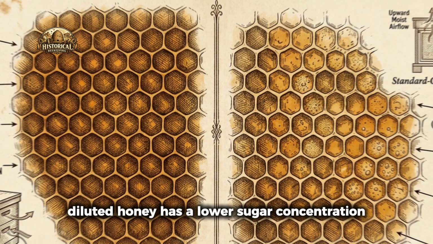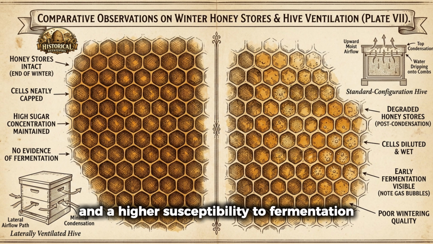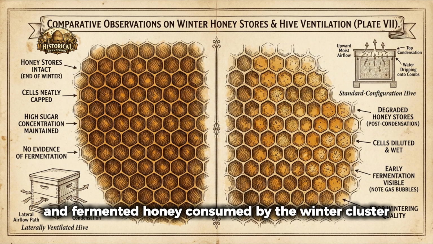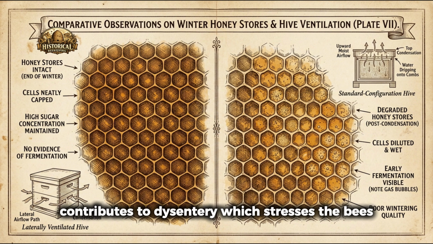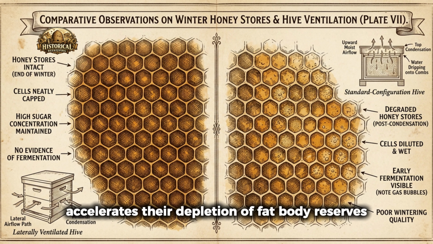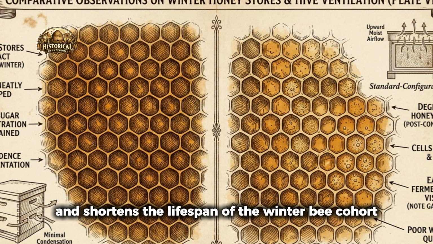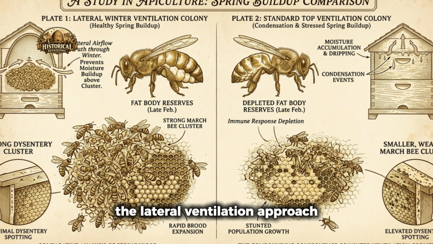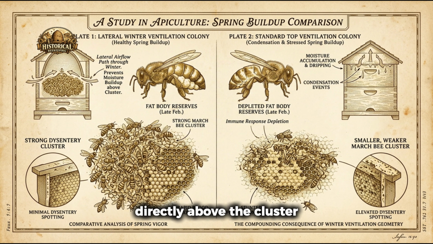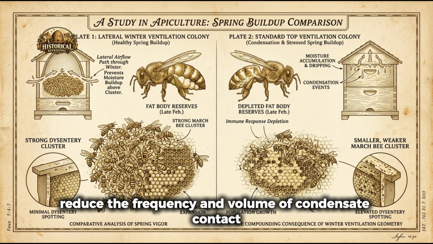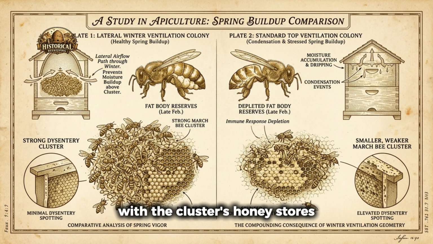Diluted honey has a lower sugar concentration and a higher susceptibility to fermentation, and fermented honey consumed by the winter cluster contributes to dysentery, which stresses the bees, accelerates their depletion of fat body reserves, and shortens the lifespan of the winter bee cohort. The lateral ventilation approach, by reducing condensate formation directly above the cluster, reduced the frequency and volume of condensate contact with the cluster's honey stores.